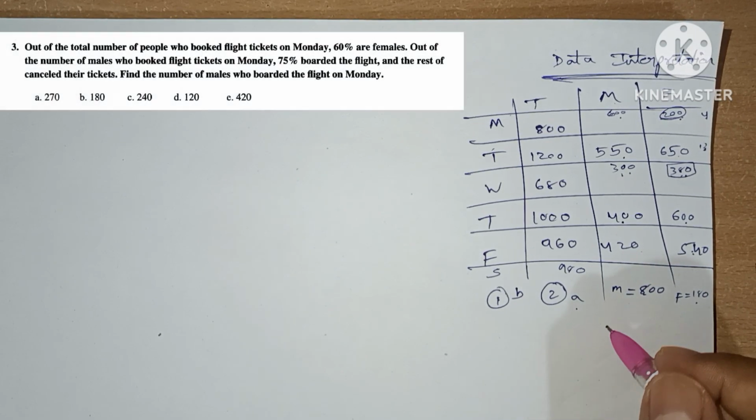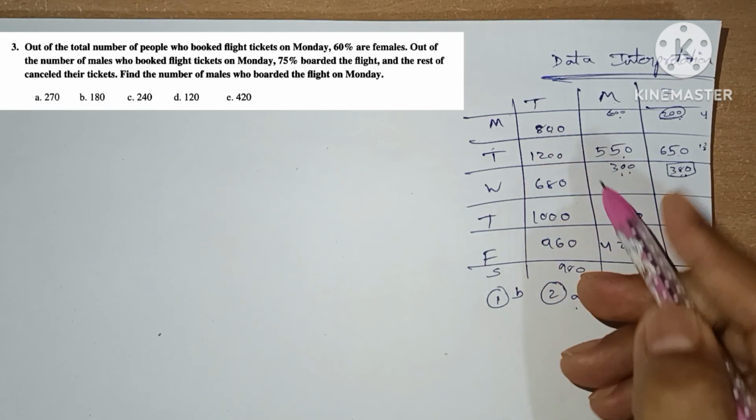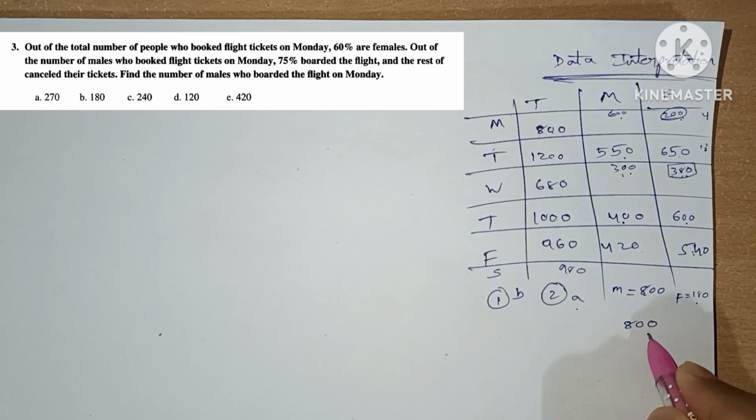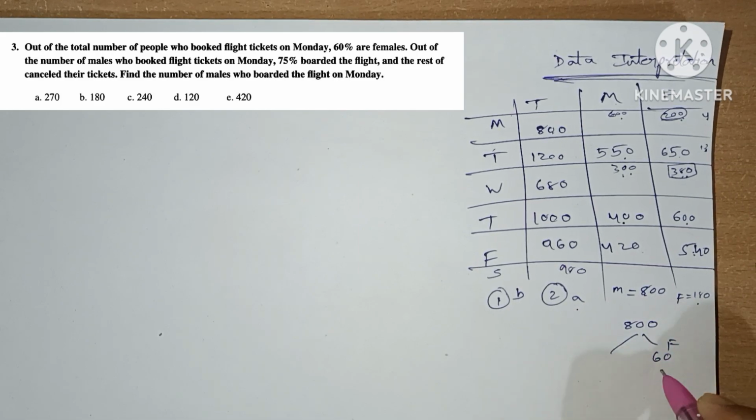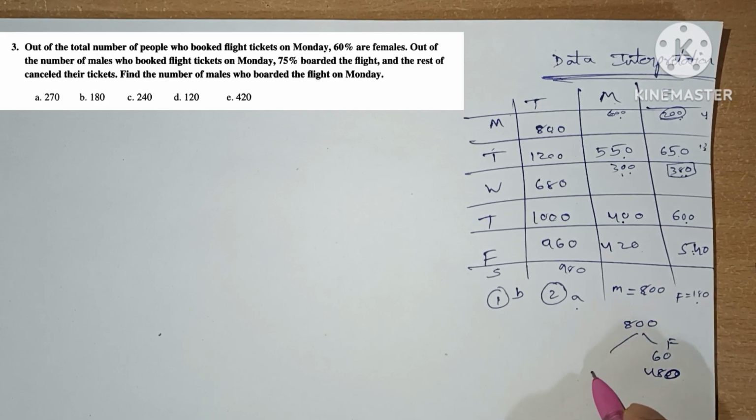Now the third question: out of the total number of people who booked flight tickets on Monday, 800 is booked totally, out of which 60% are females. 60% female means 480 are females and 320 are males.